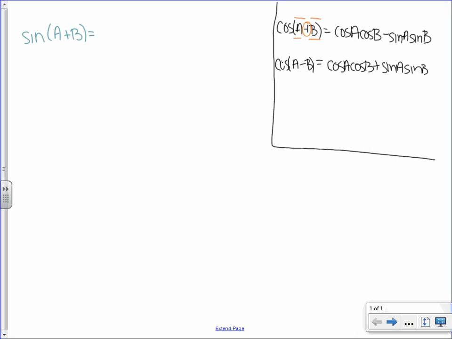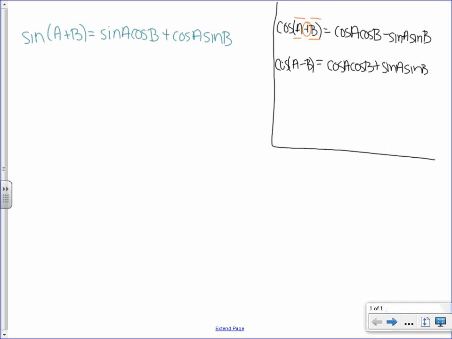A and B are angles, and they can be measured in radians or degrees. It doesn't matter. When we have the sine of A plus B, that is going to be equal to the sine of A times the cosine of B plus the cosine of A times the sine of B.